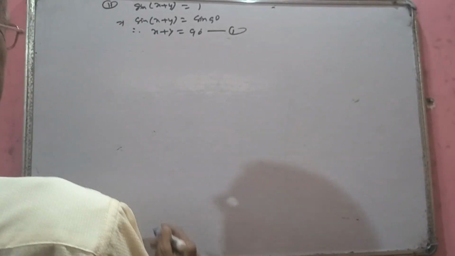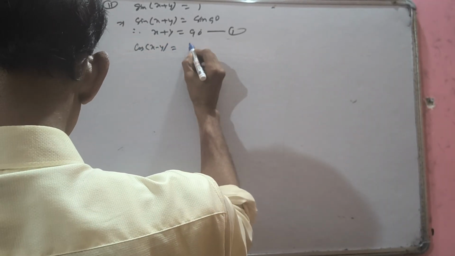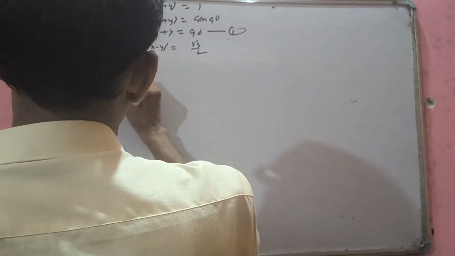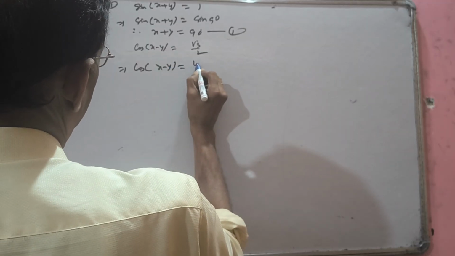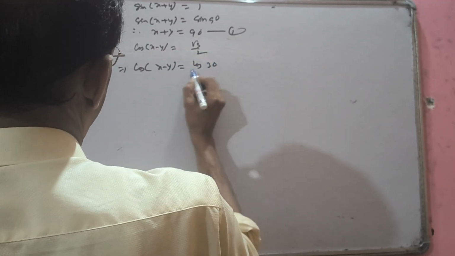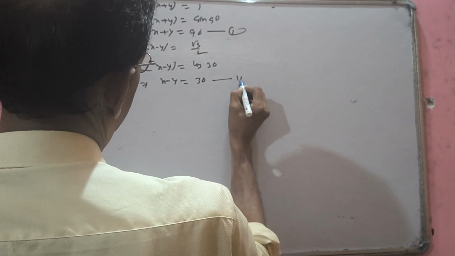The next condition is given. Cos x minus y equal to root 3 by 2. So this implies cos x minus y equal to cos 30 degree. So from here you will get x minus y equal to 30 degree, equation 2.